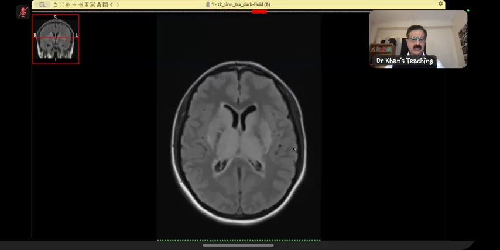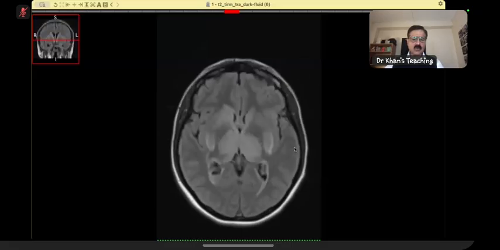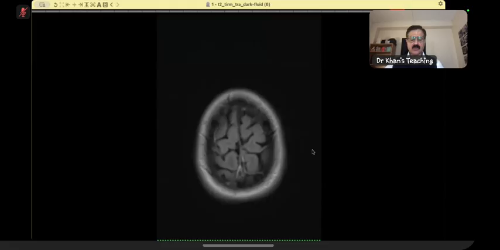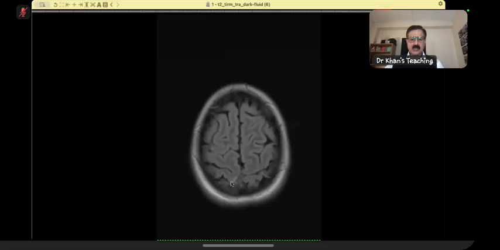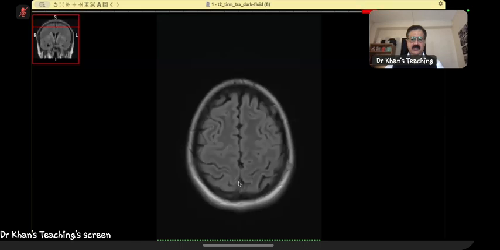So coming back, we have bilateral symmetrical findings. Now on this FLAIR, if you go up, and this is what exams are about, look at what is happening here. This is the superior sagittal sinus, and then look at this. Nothing in the sulcus should be high signal on a FLAIR sequence.